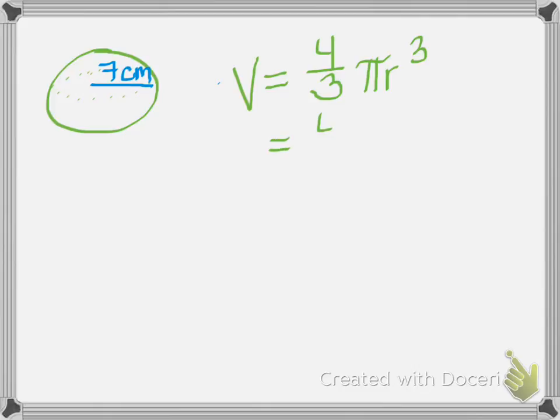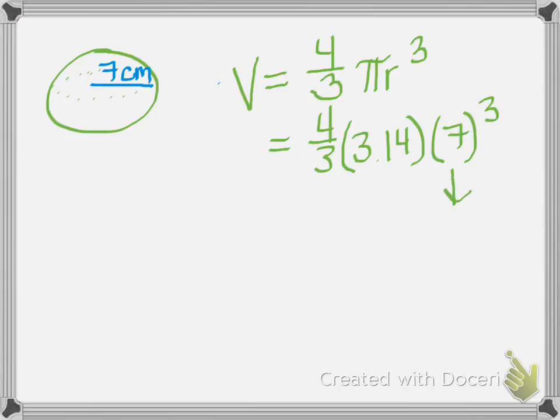Okay, so we should have 4/3 times 3.14 times our radius cubed. Oh, and I need to put in what the radius is. Our radius is 7 cubed. 7 cubed is 343 times 3.14 times 4/3.